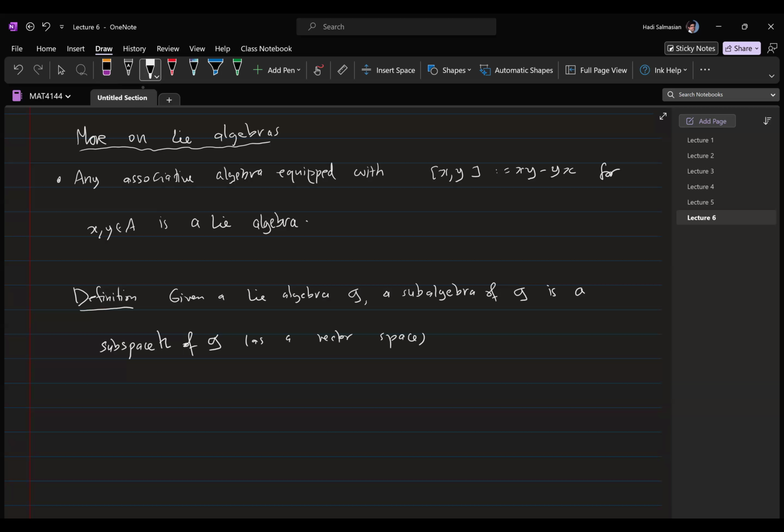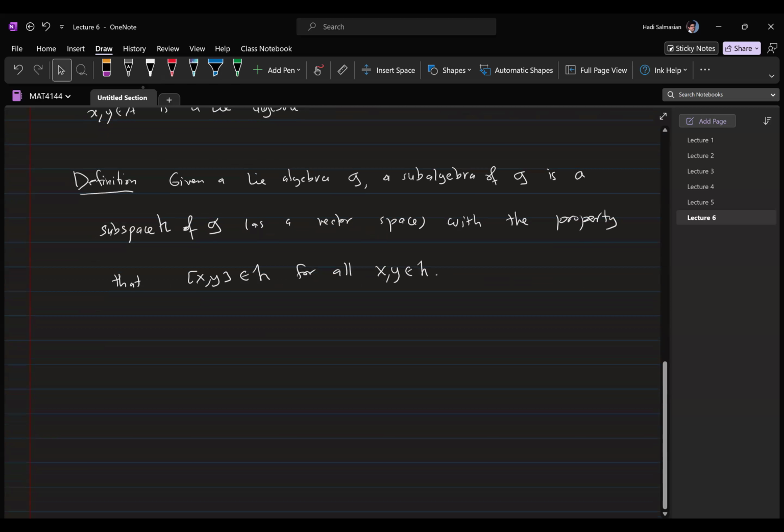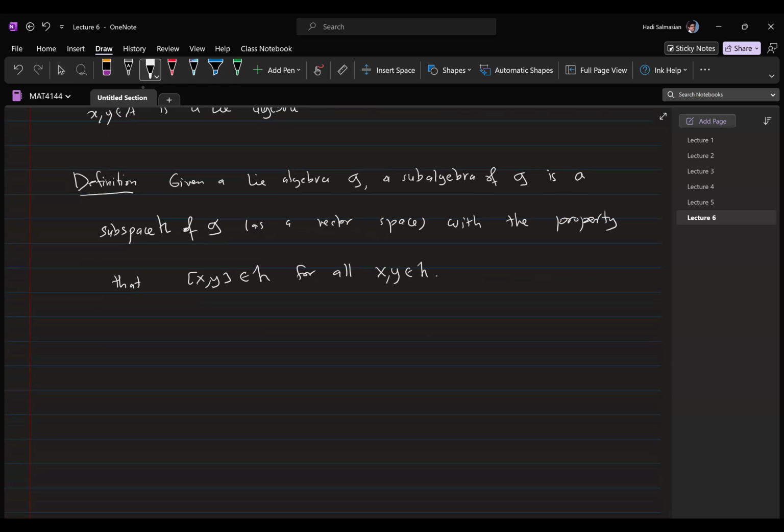Which is equipped with the bracket of g, with the property that the Lie bracket of any two elements of the subspace belongs to itself. Okay, so it's closed under this bracket, all right? And then h is a Lie algebra with this operation.